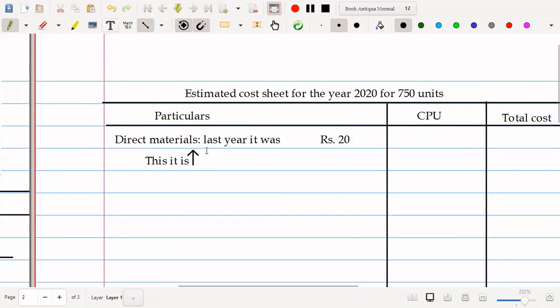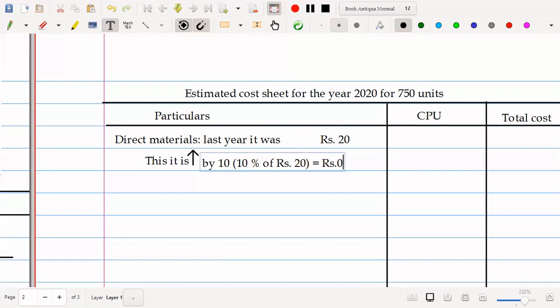So increased by 10%. So that is 10% of rupees 20, which is equal to rupees 0.2. So we'll keep it here.